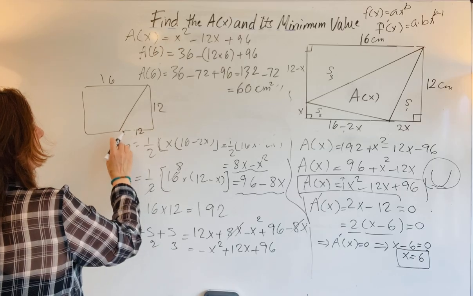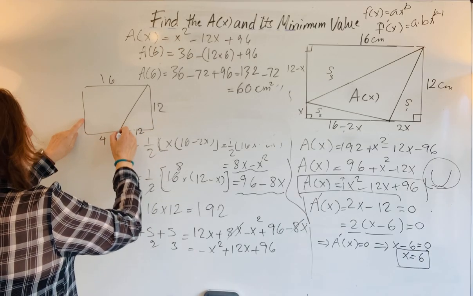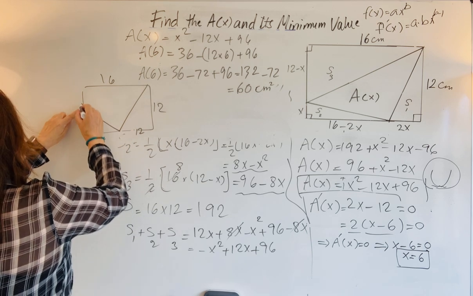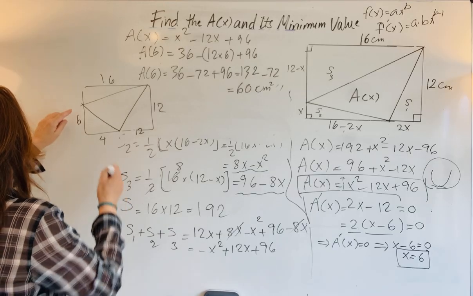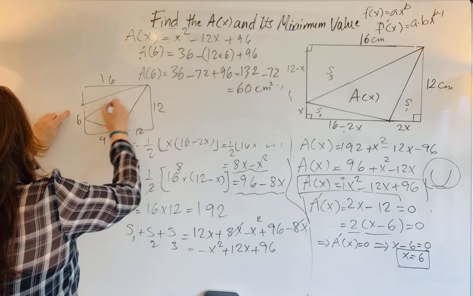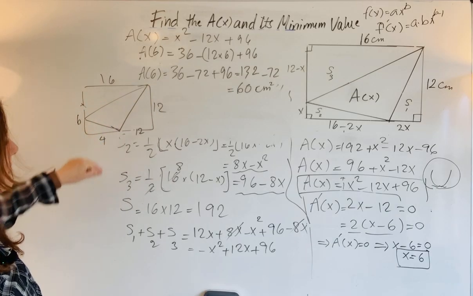And when this is 12, this is 4. This one is x is 6. This is roughly 6, this is 10, 6 here. It must be that this is 4. It's not bigger than this one.